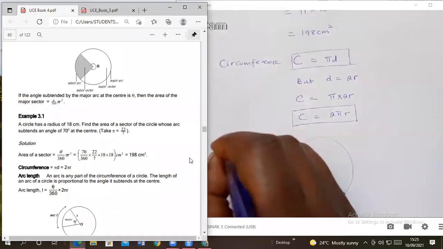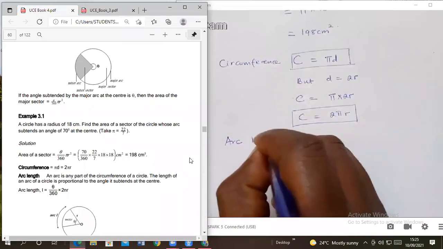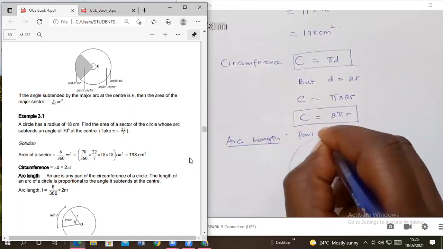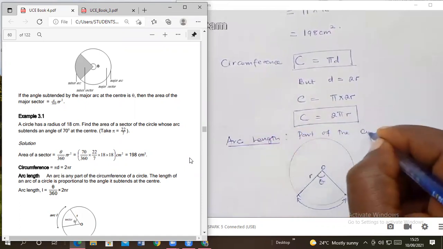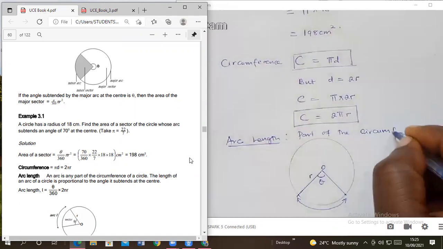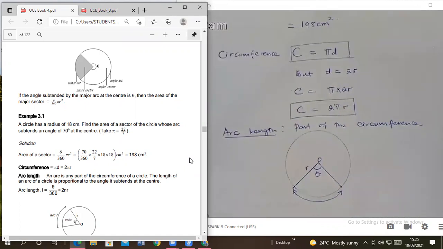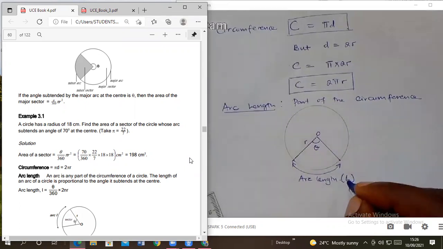So you're looking at the arc length, which is part of the circumference, and it is noted as L in most cases.